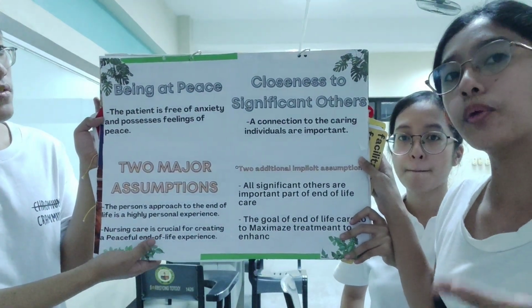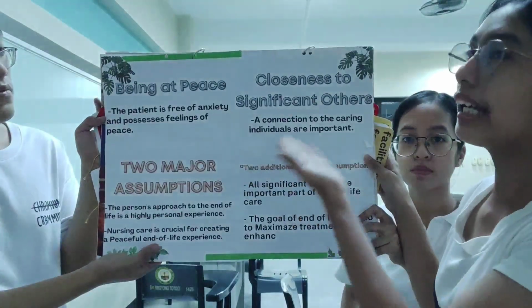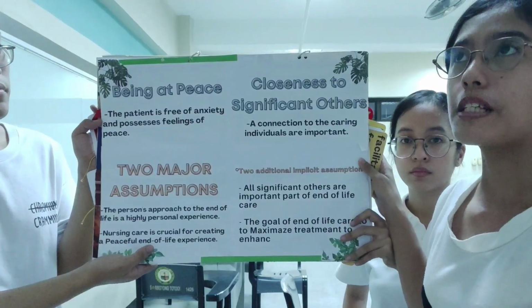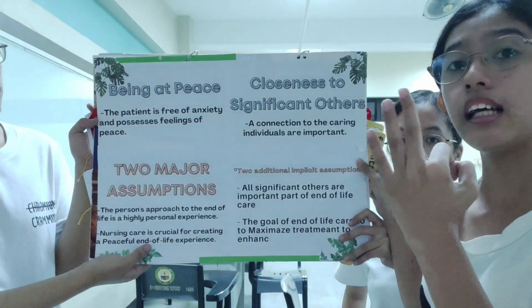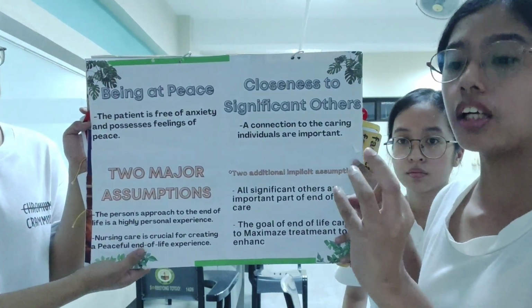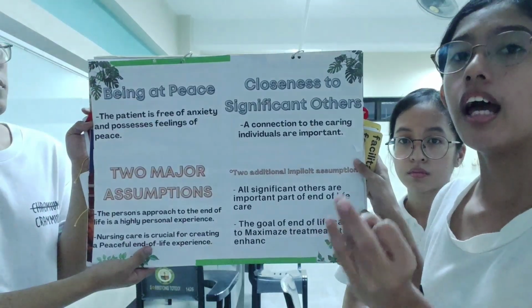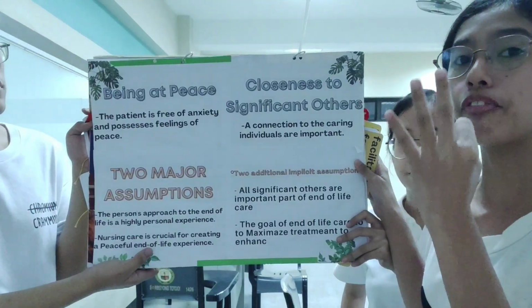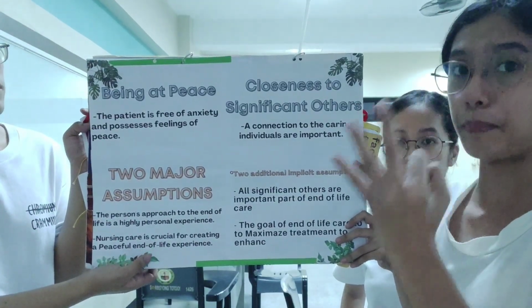In order to achieve being at peace, the patient must be at peace in 3 dimensions: their spiritual dimension, their physical dimension, and lastly their psychological dimension. It is achieved if those three are at peace.